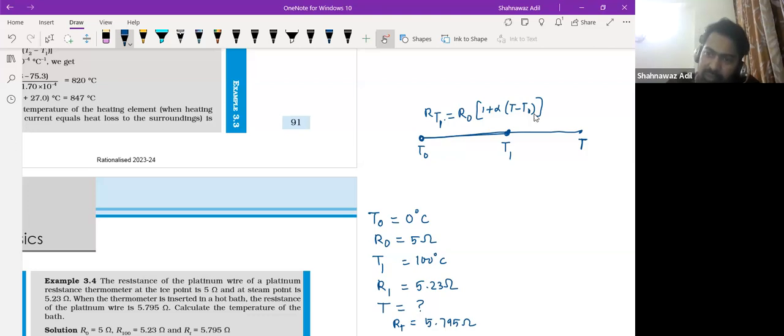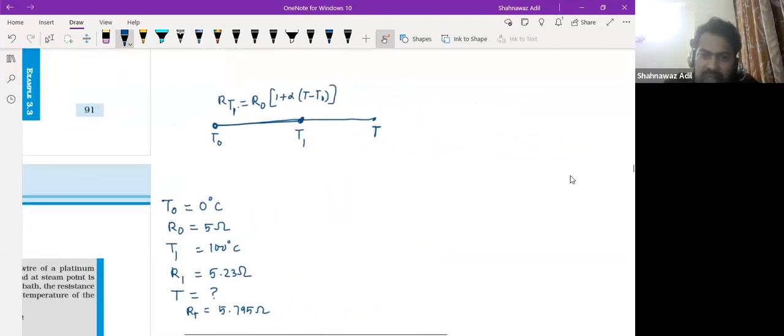Yes, sir. So from this thing, what can you calculate? What are the given things that you have? You have R T1, you have R naught, you have T naught, you have T1. So all these things you have. I have written this as R1, right?